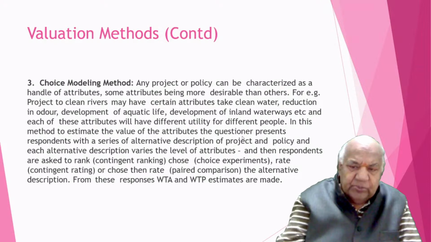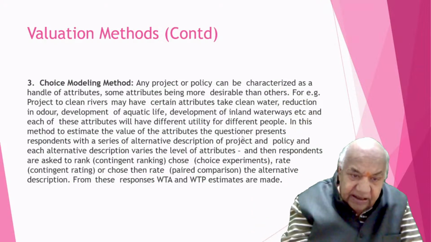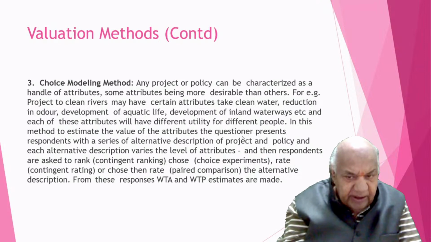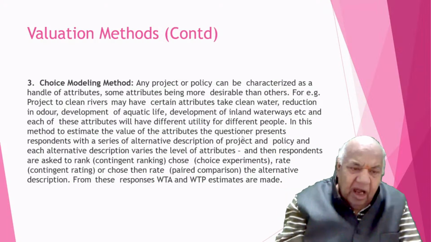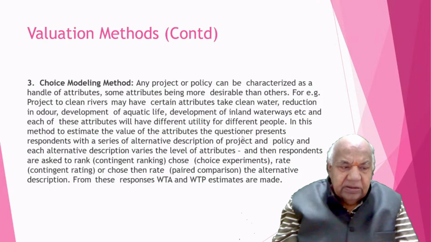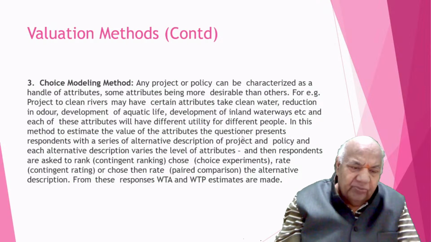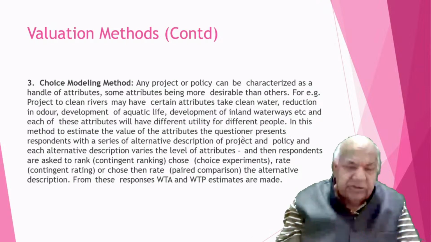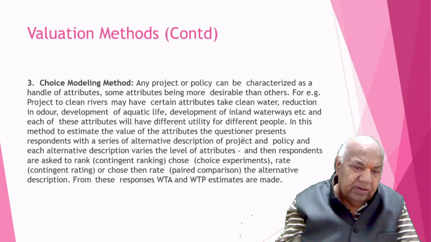Then respondents are asked to rank (contingent ranking), choose (choice experiments), rate (contingent rating), or choose then rate (paired comparison) the alternative descriptions. From these responses, WTA and WTP estimates are made.